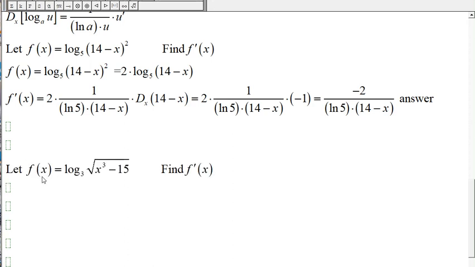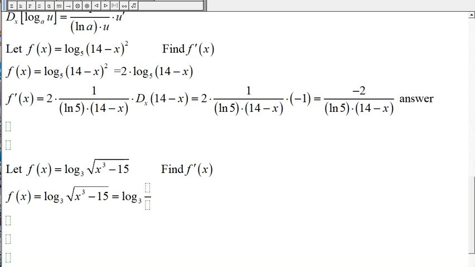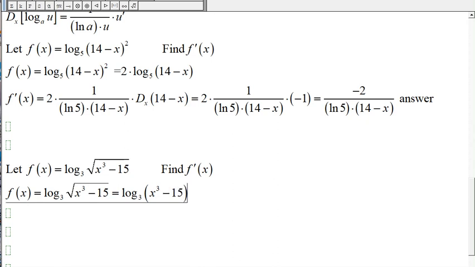And here we have the function log base 3 of the square root of x to the third minus 15. First, let's rewrite this, and then we'll find the derivative. So this is the same as x to the third minus 15, and the square root is the same as a rational exponent of 1/2.